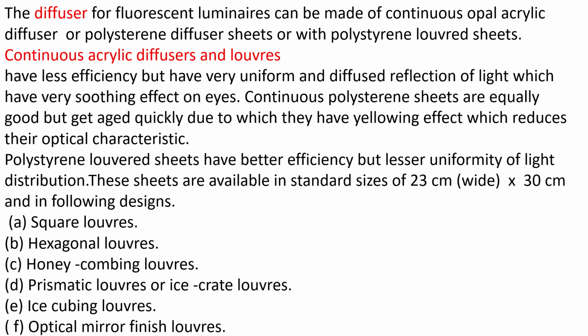Friends, the diffuser for a fluorescent luminaire can be made of continuous acrylic diffuser or polystyrene diffuser sheets or with polystyrene louvered sheets. This is an essential part of a good fitting.